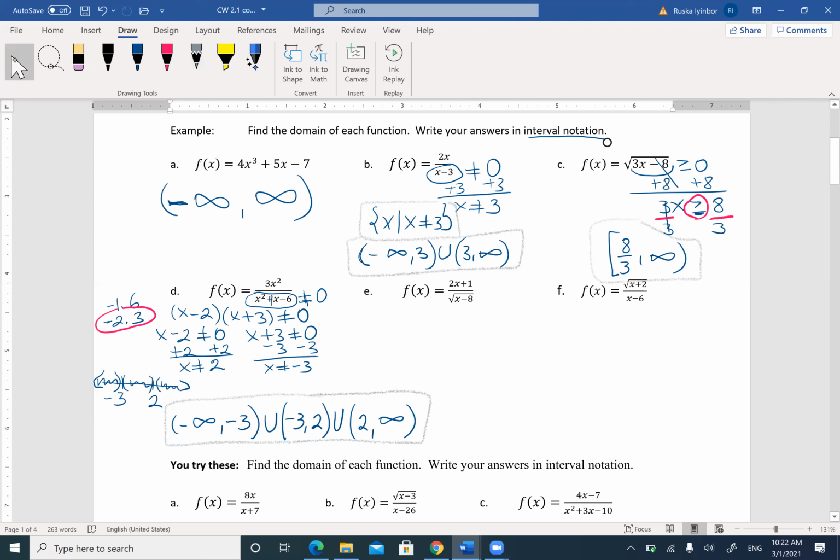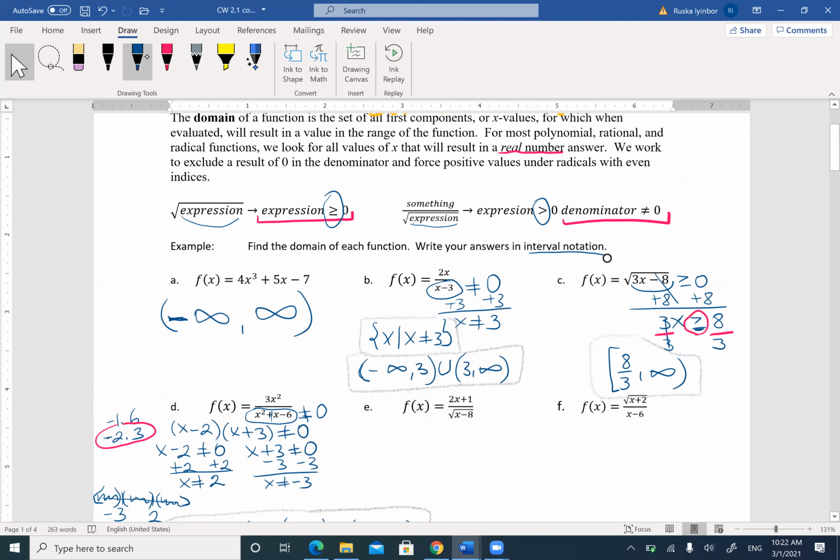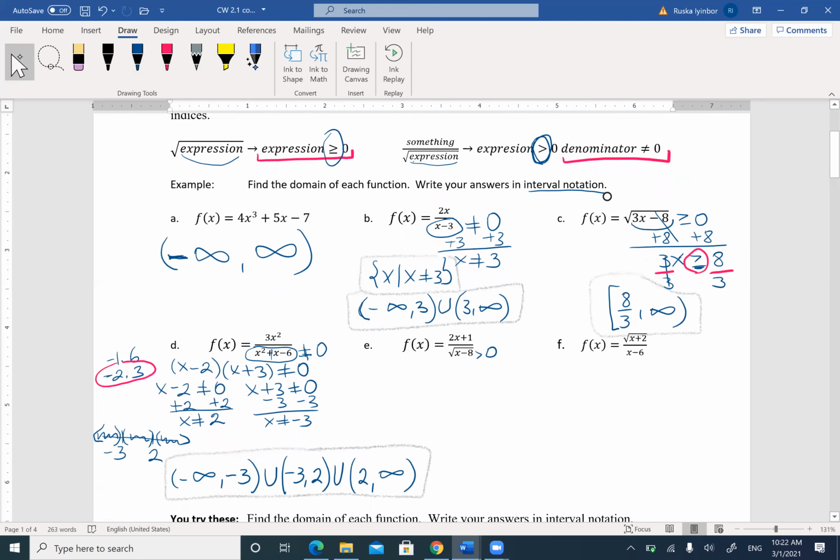No? No, ma'am. Okay. Then I'm going to go over number E. Because you have a square root in the denominator, we're going to use the greater than symbol only. So I'm going to solve the bottom greater than 0, and that's going to give me my restriction. How do you solve that? You're going to add 8 on both sides, and you're going to get x is greater than 8.